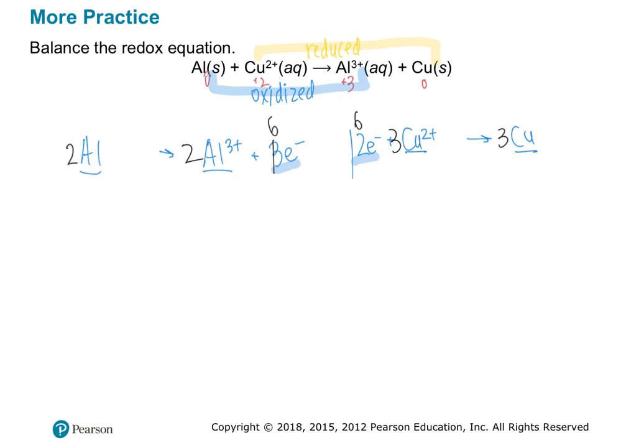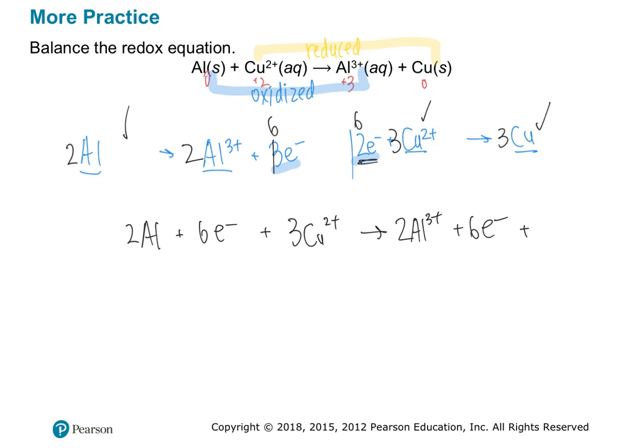So we're going to get our reactant, so 2 aluminum plus 6 electrons from here, and 3 copper ions go to our products, 2 aluminum ions plus 6 electrons plus 3 copper metal.